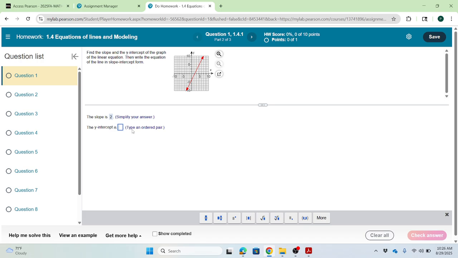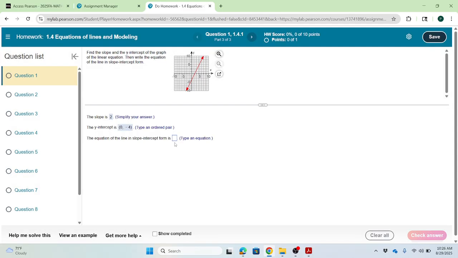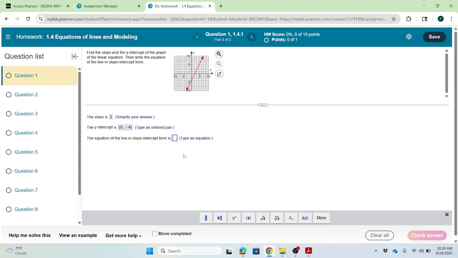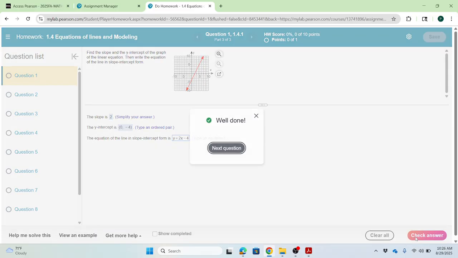For the y-intercept, they are asking us to write it as an ordered pair, so it's supposed to be in parentheses: 0 comma negative 4. That's the y-intercept. And the equation in slope-intercept form would be y equal 2x minus 4.